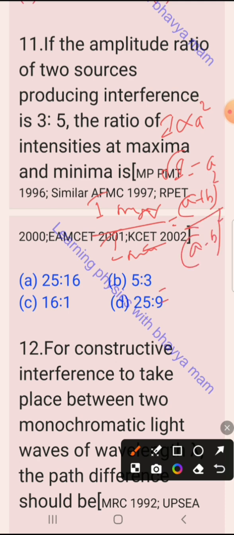A is 3, B is 5. 3 plus 5 is 8. 8 square is 64. A minus B is 3 minus 5, which is minus 2. Minus 2 square is 4. 64 by 4 is 16. So the answer is 16:1.